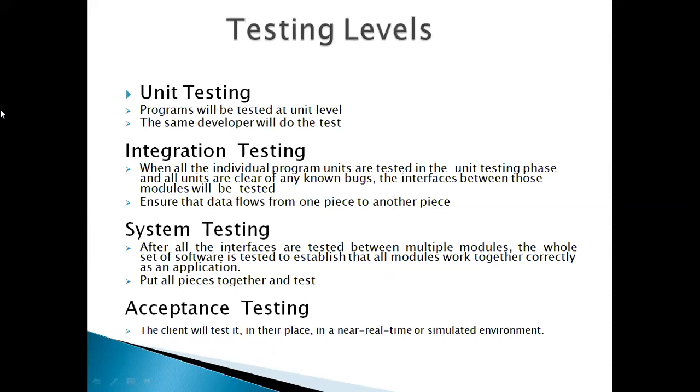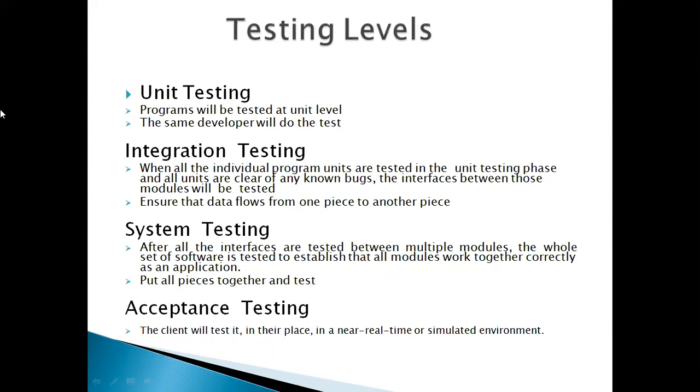System testing: after all the interfaces are tested, or all the modules are clubbed into one single application, we need to test the whole application in one go. That is called system testing.